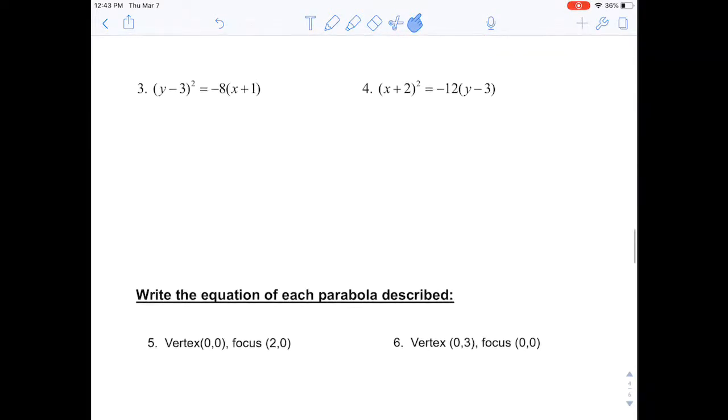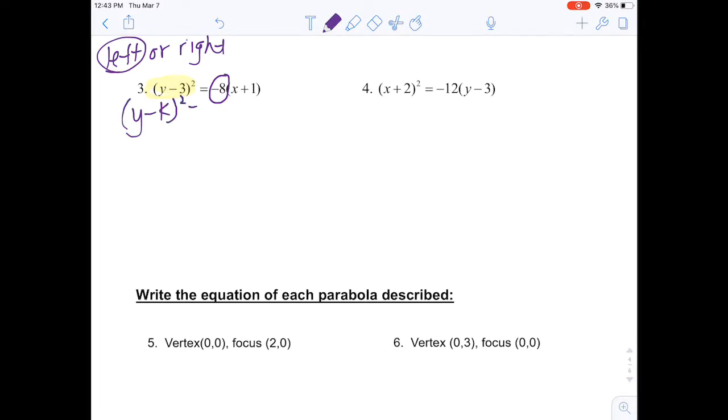Okay, so number 3, I see that it's y squared. That's going to tell me I'm either going left or right. Now this one, we have a negative right here in that 4p spot. So since it's negative, that's going to be going to the left. So (y - k) squared equals 4p(x - h), k is always with y.